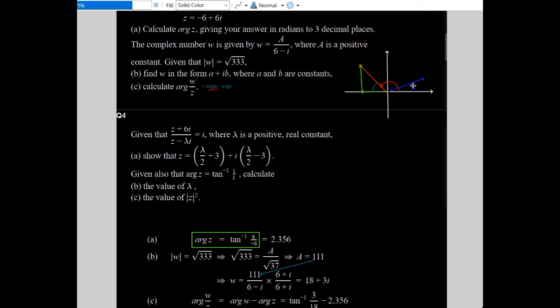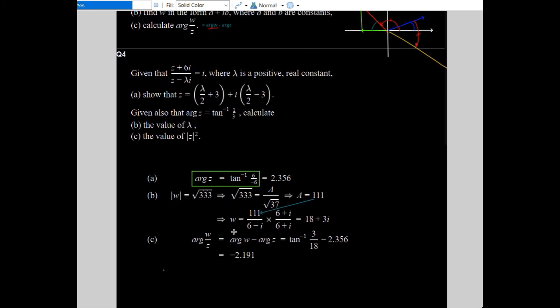Imagine if I moved arg z round, it would go to here, something like that. So arg w minus arg z could be considered like this, and the angle that we're looking at will be sitting on this plane at that angle there, so this angle here.